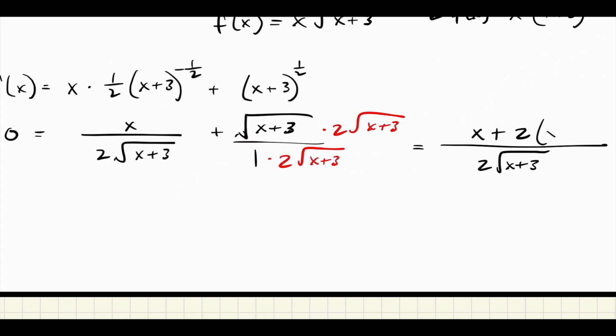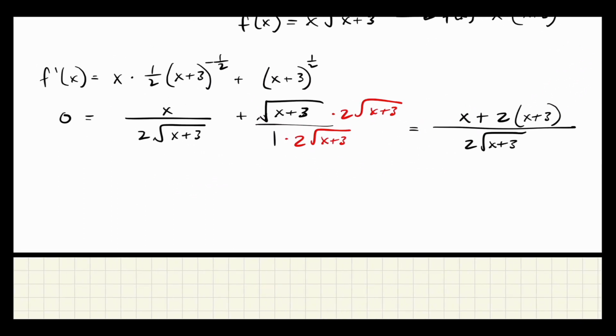So it's just going to be x plus 3. So I got to do a little bit of distributive property, distribute, and then combine, you're going to get 3x plus 6 over 2 root x plus 3.